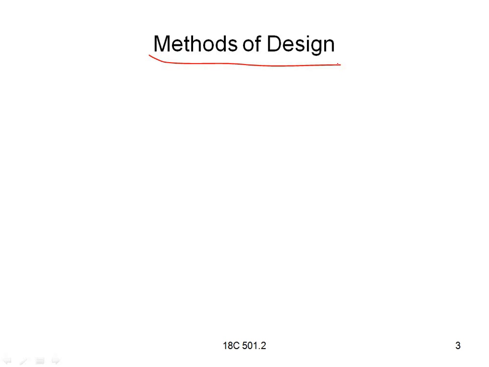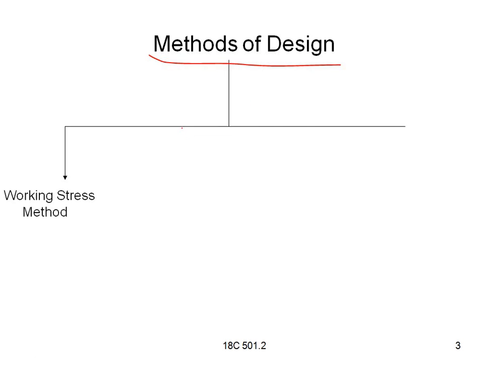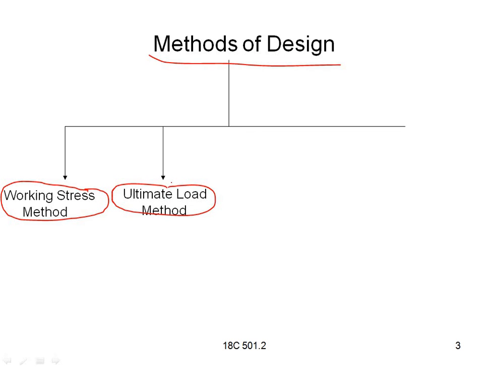What are the methods of design we are using? A flow chart is described here. The first one is the working stress method, the first method which was implemented in reinforced concrete structures. The next one is the ultimate load method, another method used for designing and calculation purposes.